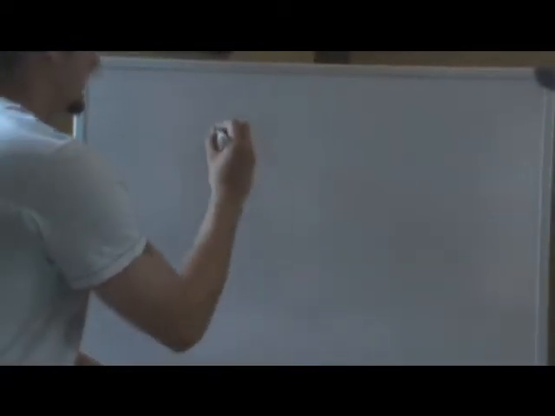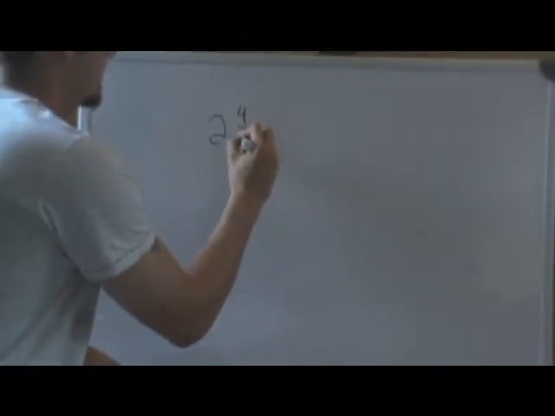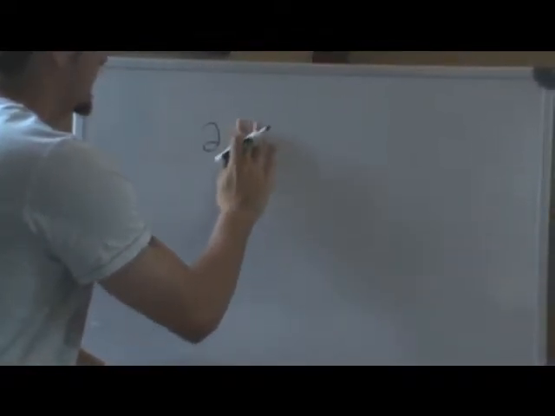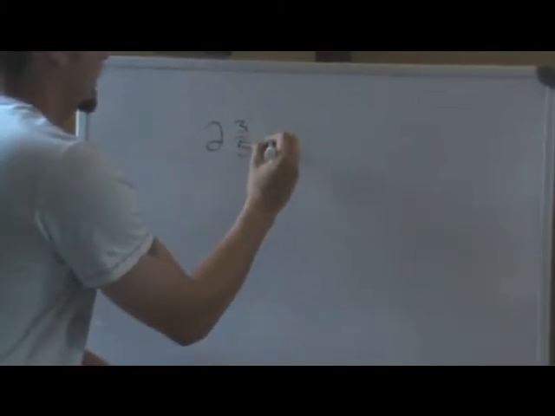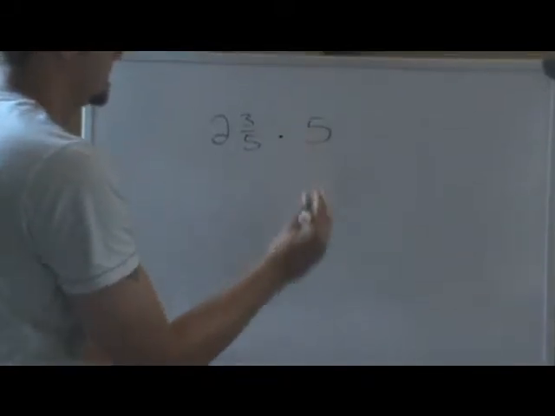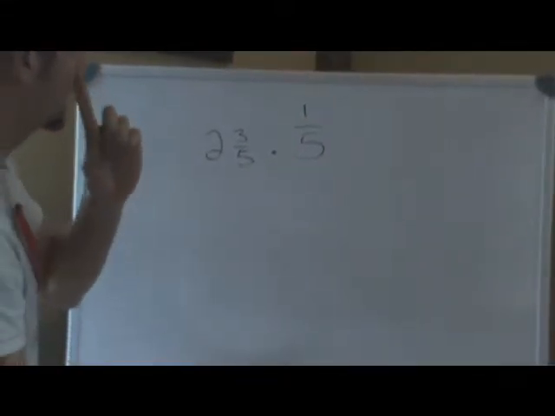Now, to multiply mixed numbers, such as 2 and 3/5 times 1/5. We're going to do 2 and 3/5 times 1/5.